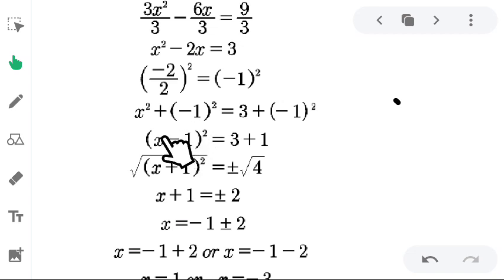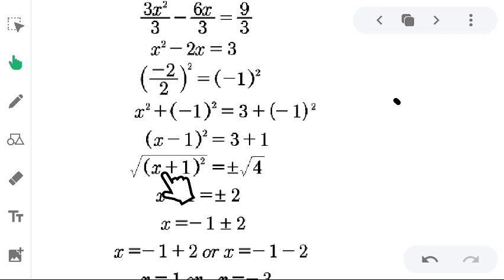That implies you have (s minus 1) everything squared, since plus times minus gives you minus, is equal to 3 plus minus 1 squared. Minus 1 squared is minus 1 times minus 1, which is plus 1. So 3 plus 1 gives you 4.